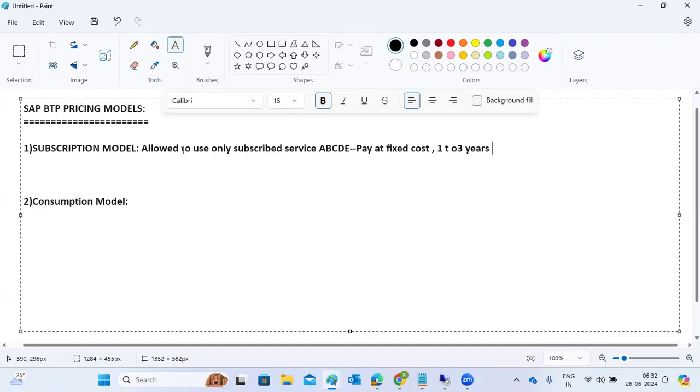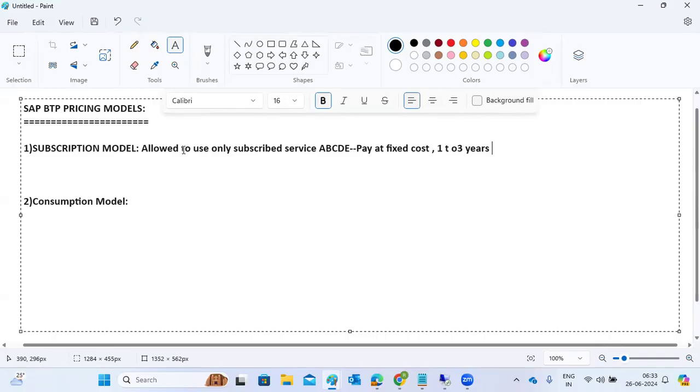That's it. Because you are in the subscription based model, you pay at fixed cost, pay in advance when the contract starts, and renew at the end of the contract period. You have to renew it here. The contract period is typically 1 to 3 years. You have to pay whether you use it or not.